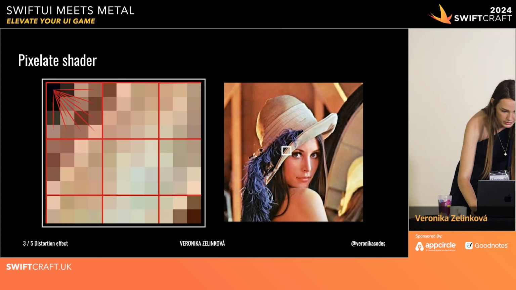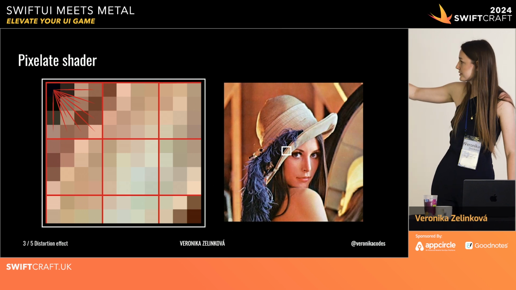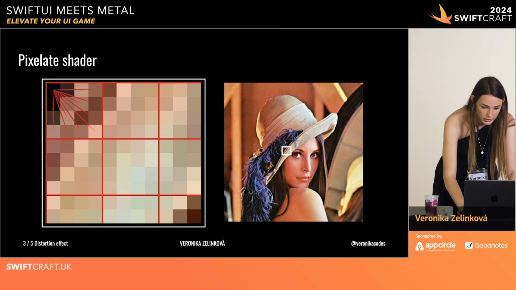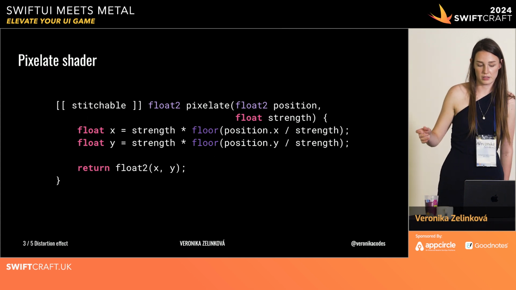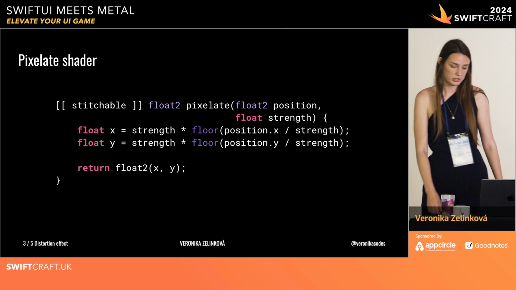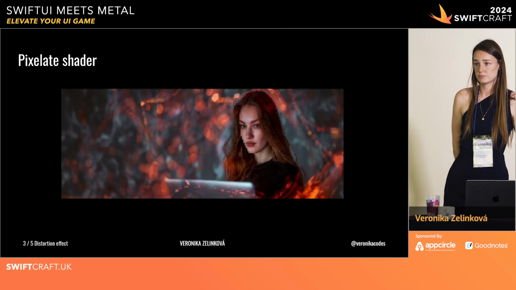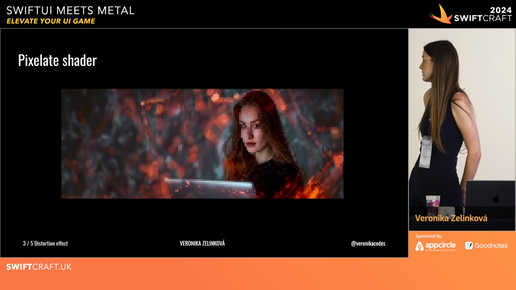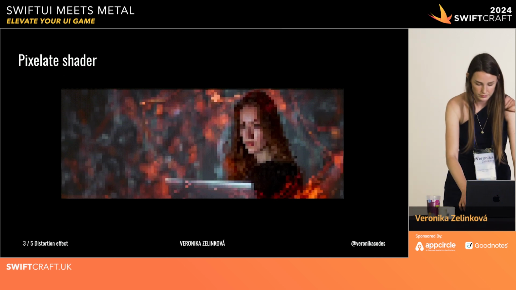So as was shown on this image, now we are sampling the top left corner of each group. And we can just return the new coordinates as a place where it should be sampled. And if we just increase the strength over time, it will do this pixelation animation.